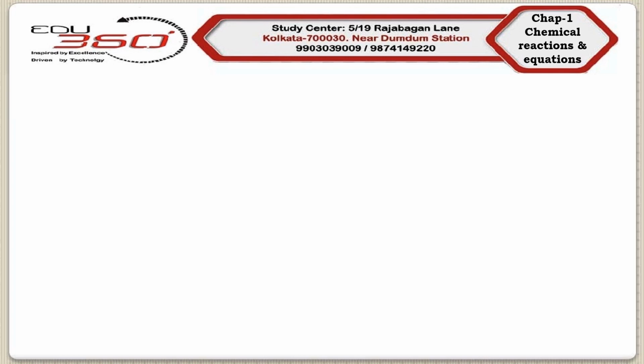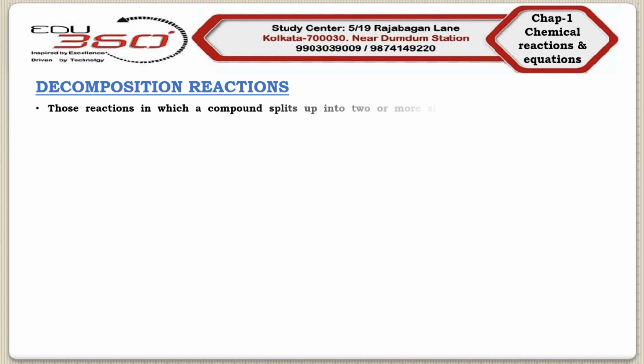Next, we will discuss decomposition reactions. In decomposition reactions, a compound will split up into two or more simpler substances. So, the reactions in which a compound splits up into two or more simpler substances are known as decomposition reactions. Now remember, to carry out decomposition reactions, we need energy.